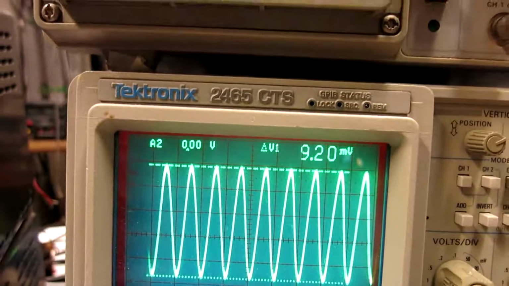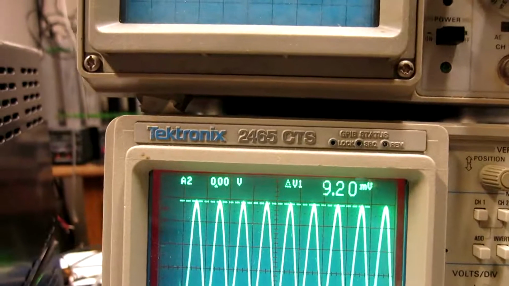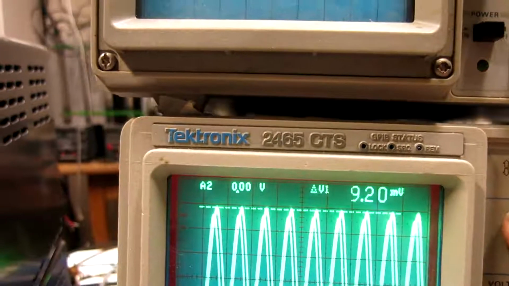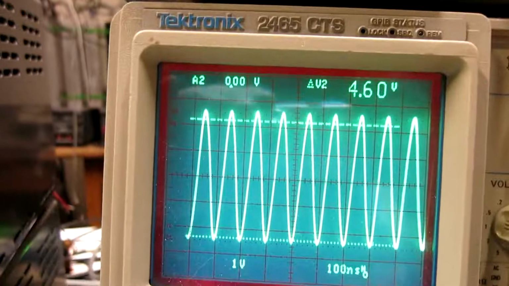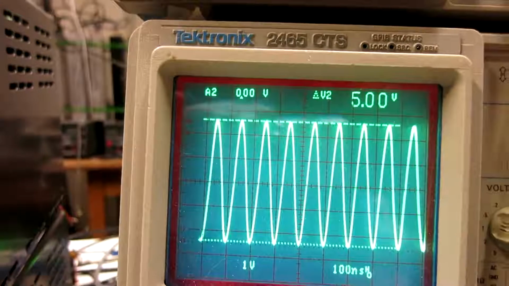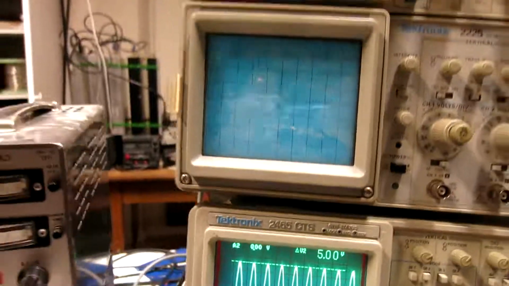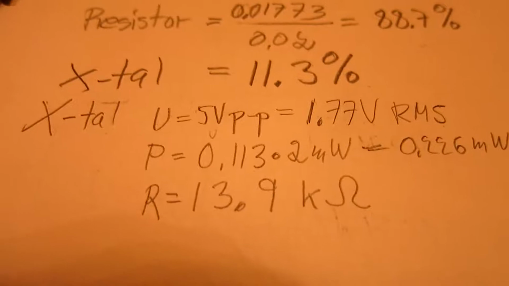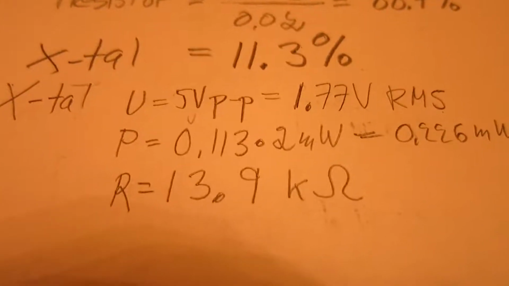But I just want to know the voltage ratio between the crystal and the monitor output. So I look here, and what I have on the crystal is 5 volts peak to peak. 5 volts peak to peak on the crystal, that is 1.77 RMS.